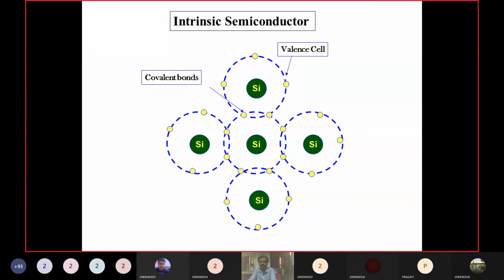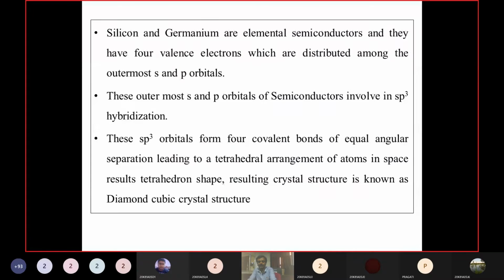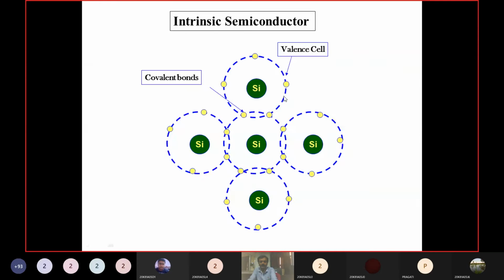We will discuss how it forms. How many valence electrons do these materials have? Silicon and germanium, each atom contains valence electrons that form covalent bonds with the surrounding atoms.